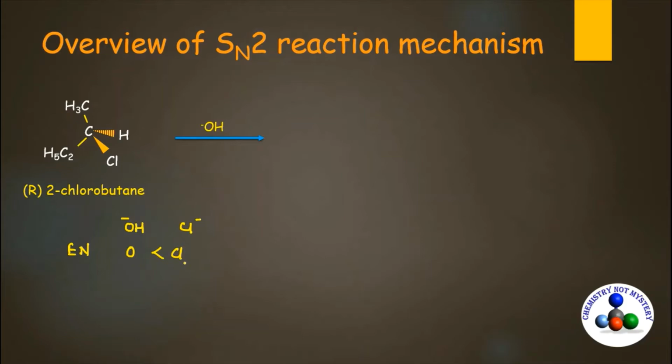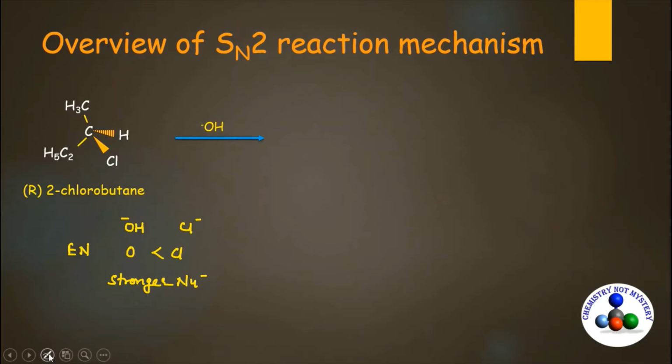Oxygen is less electronegative as compared to Cl. And being less electronegative, oxygen can share its electrons with the electrophilic carbon. So that's why OH- is a stronger nucleophile as compared to the Cl-. So it can replace weak nucleophile.